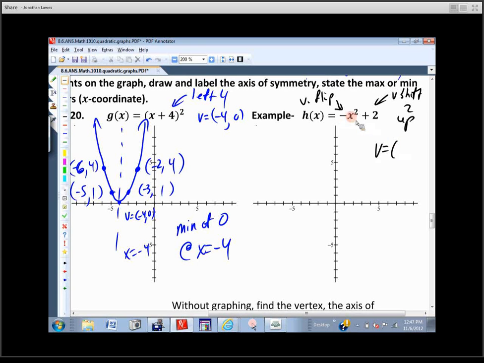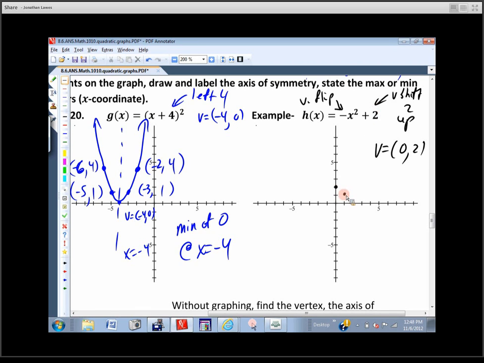Okay, didn't change the x's at all, so it's still at 0. We went up 2, so it's going to be at 0, 2. So we're right here. Then I'm going to go over 1 and up or down? Down, because we vertically flipped it, right? That putting a negative in front of it, instead of opening up, instead of going over and up, we're going to go over and down.